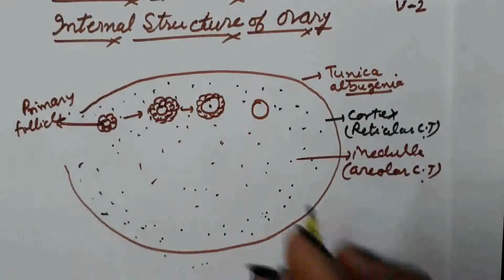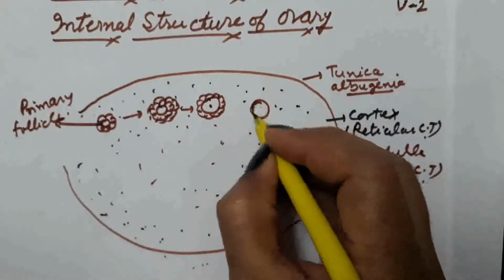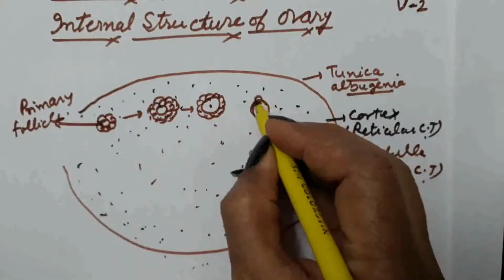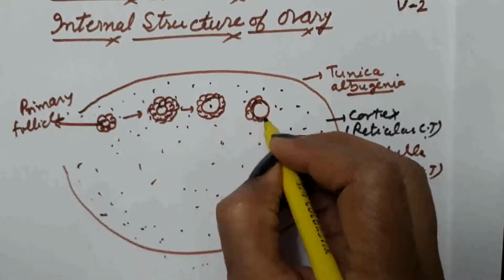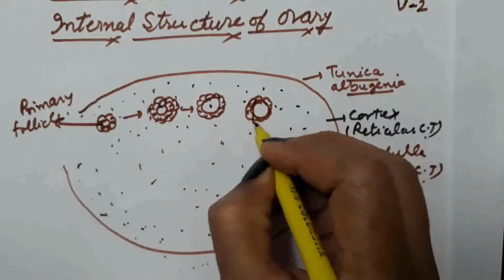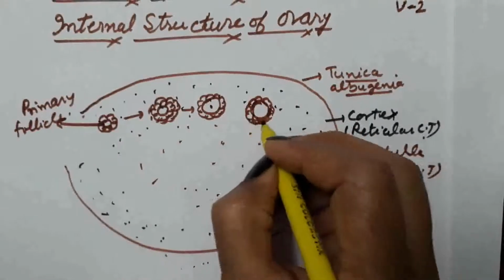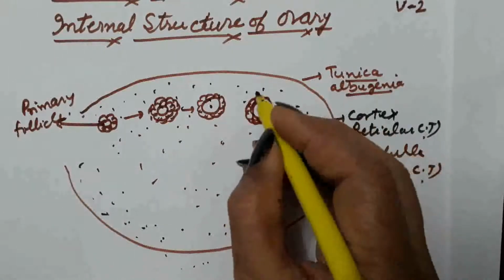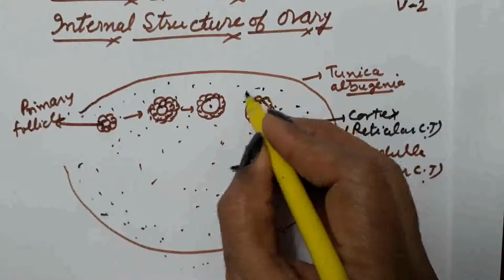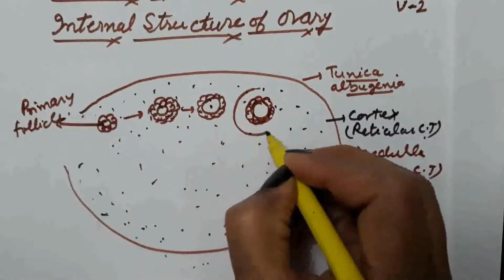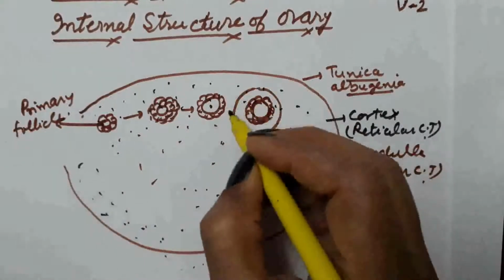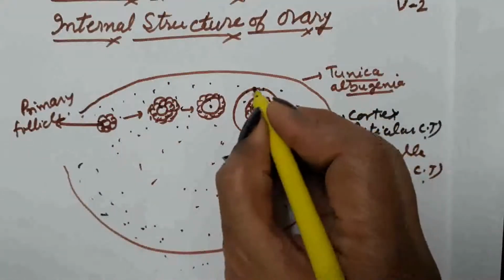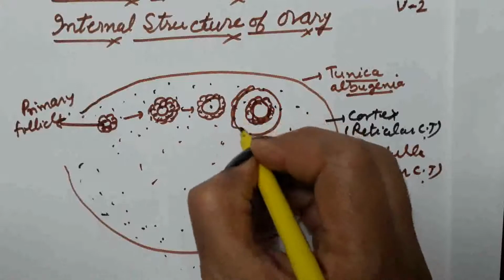In the center of Graafian follicle, there is secondary oocyte. Secondary oocyte is surrounded by follicular cells. Around this, a cavity develops, and around this cavity there are a number of cells.